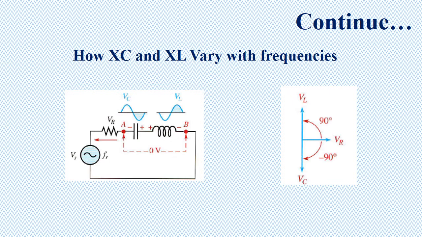So it means the capacitor will behave like an open circuit and we will not find any current across the capacitor network. And if we analyze the response of the series resonant circuit at frequency infinity, the inductor has infinite reactance and it will act as an open circuit.